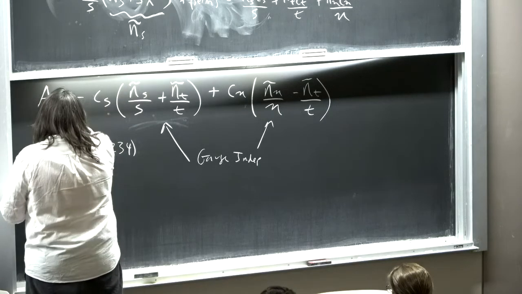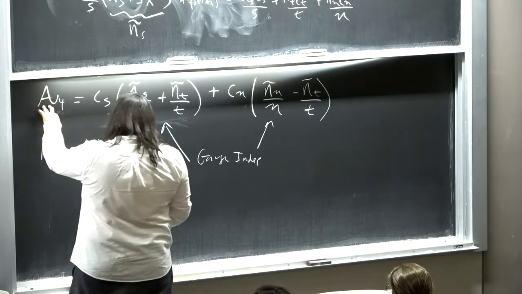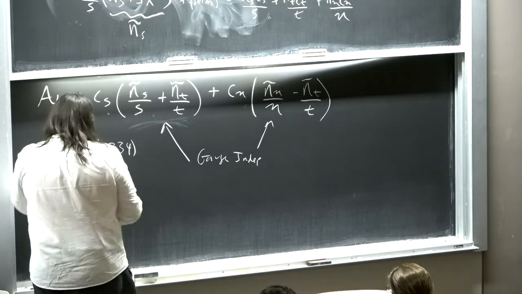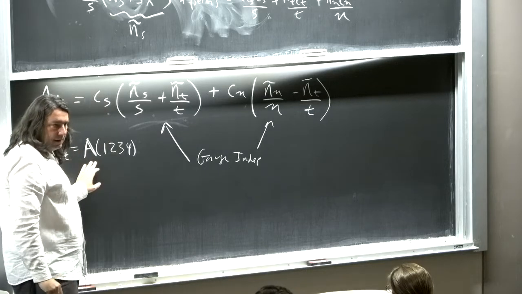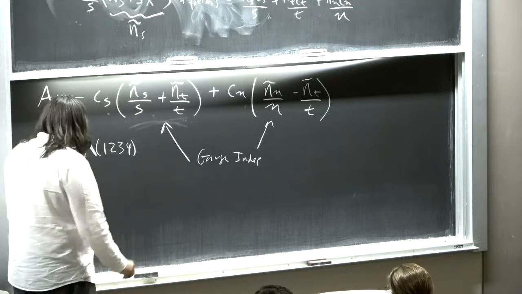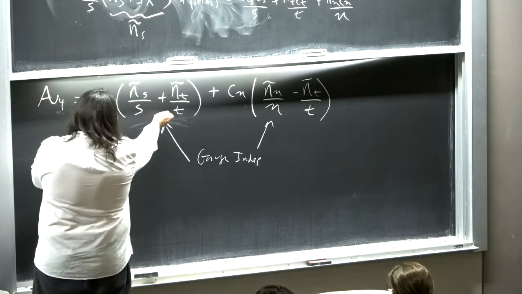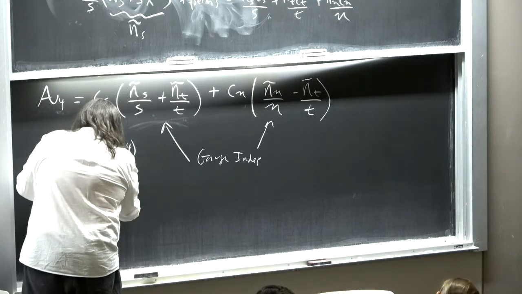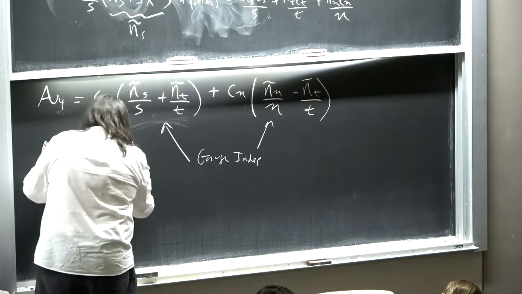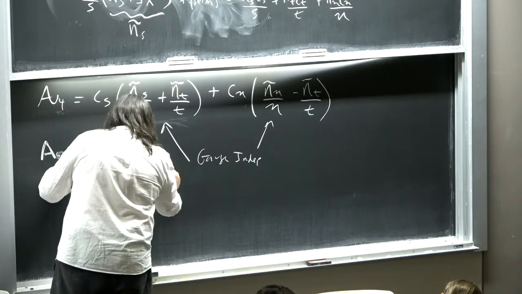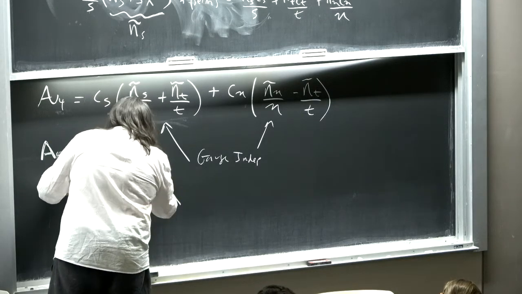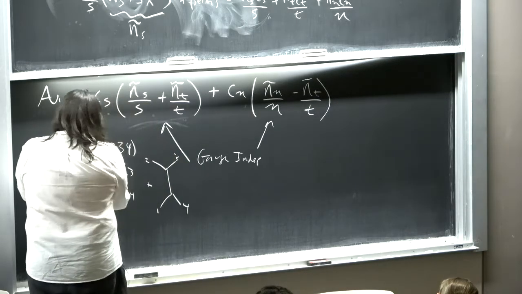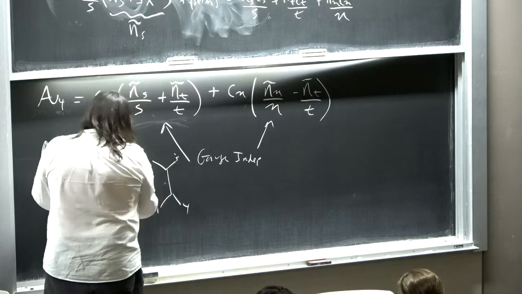Now, full amplitudes are curly A. This is going to be a nice big Roman A for ordered amplitudes. And why are they called ordered amplitudes? They only have two diagrams: 1, 2, 3, 4 plus 1, 2, 3, 4, the S channel and the T channel.